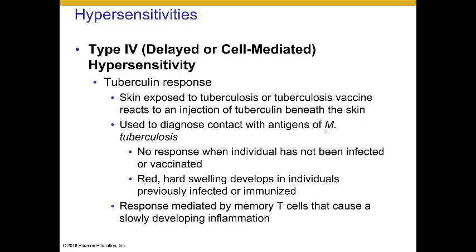Now, I knew somebody who was born in India, and before he moved here, he had to have a tuberculosis vaccine, and he worked in the healthcare field, and he had to get a TB test every year, and every year it always came up positive. And he's like, no, it's because I had the vaccine, and so it's causing some issues. But that's another example of this delayed hypersensitivity.